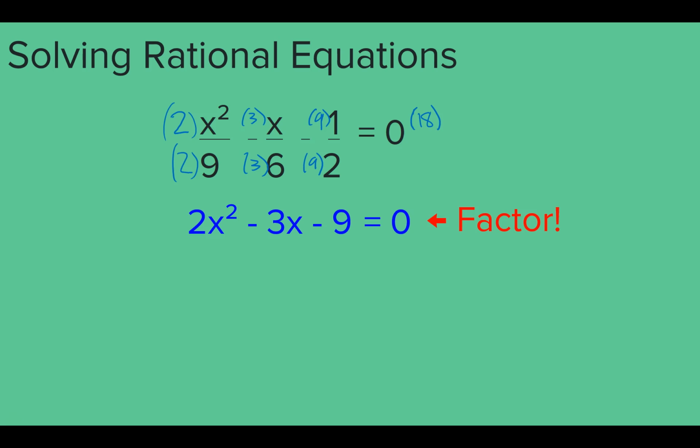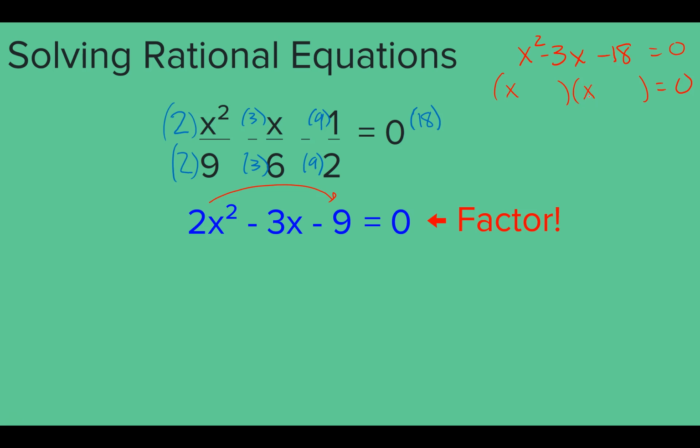How would we factor this one? The slip and slide method. If we slip and slide, this gives me x squared minus 3x, and then that gives me minus 18. What multiplies to give me a negative 18, but adds to give me a negative 3?